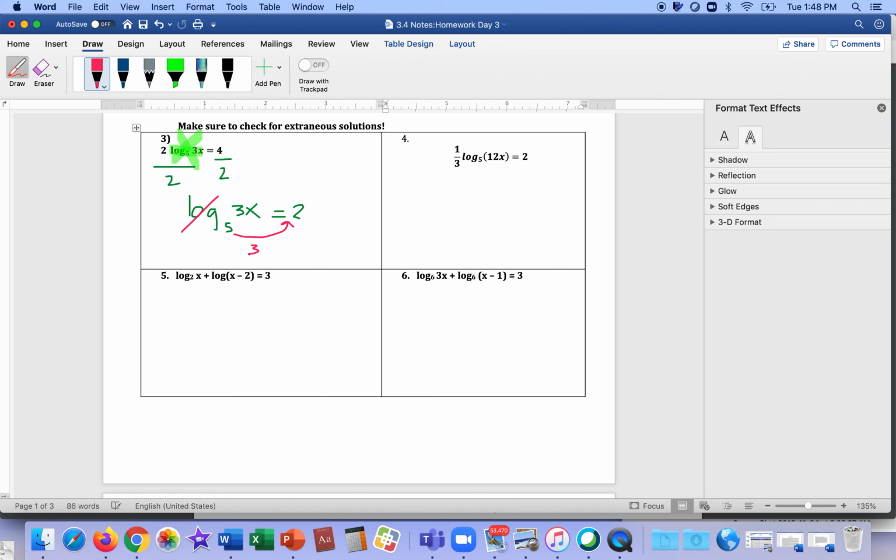So we would have 3x equals 5 squared. So 3x is equal to 25. If I divide by 3, I would get x is equal to 25 over 3.